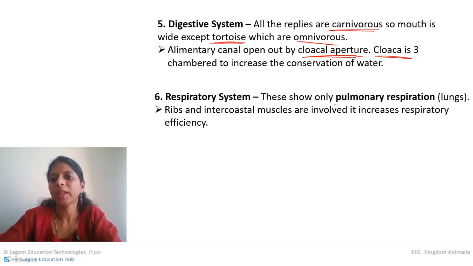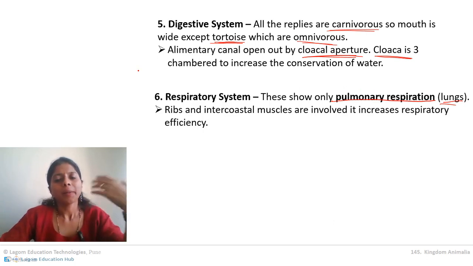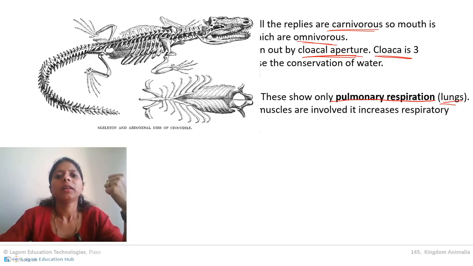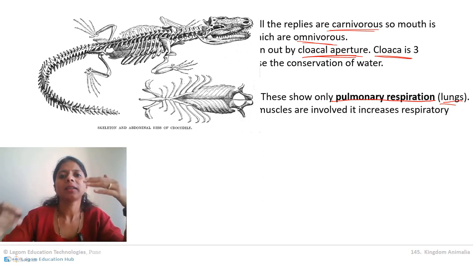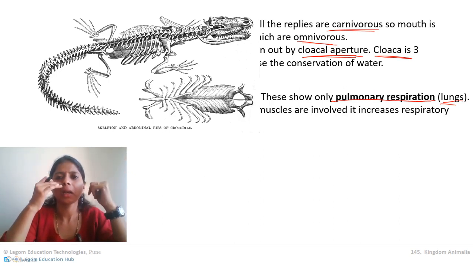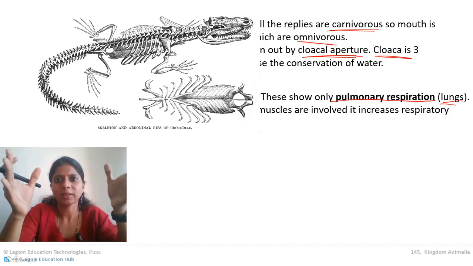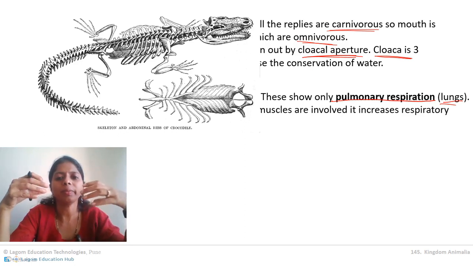Always pulmonary respiration, means respiration with the help of lungs. Okay. Now one extra thing reptiles have over the amphibians for respiration. See, reptiles are provided with ribs. Ribs are the thoracic cage, okay, thoracic bones.